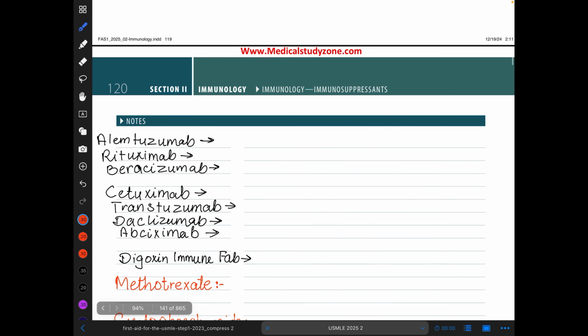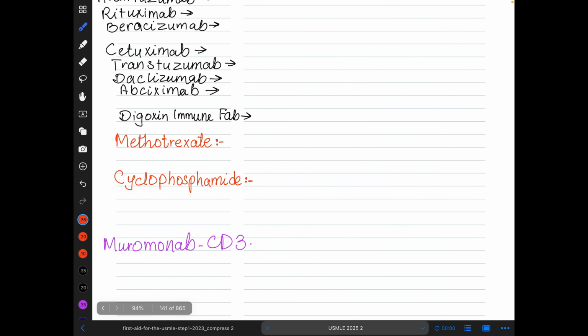Now we are moving over to some anti-cancer drugs like methotrexate. Methotrexate can be used for chemotherapy and autoimmune diseases.